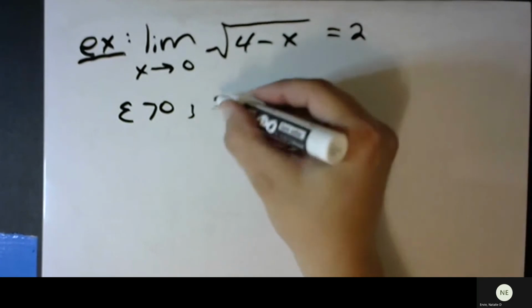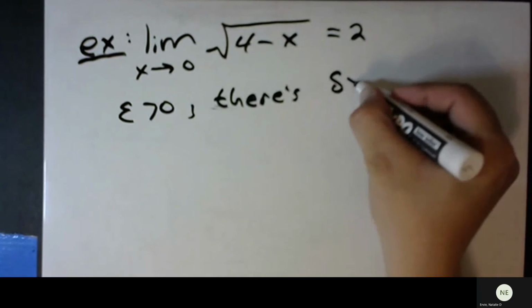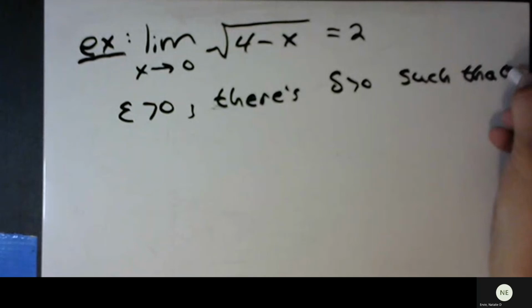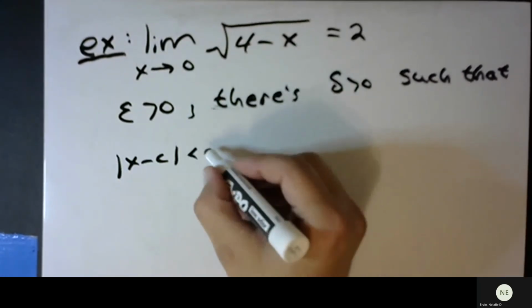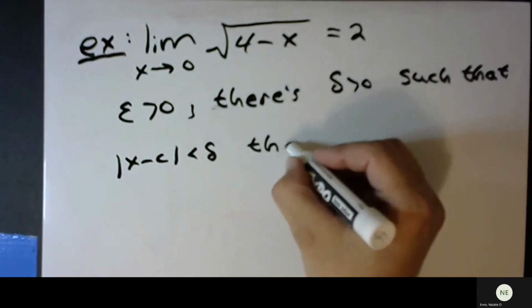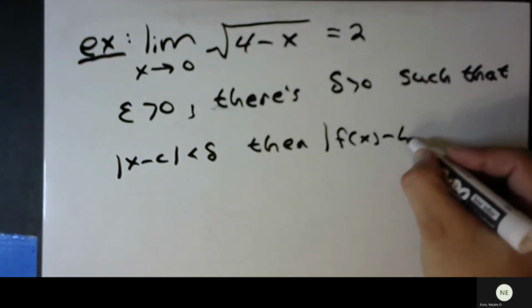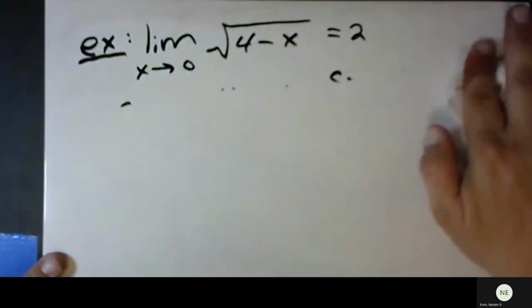And so we want a delta greater than 0 such that when the absolute value of x minus c is less than delta, then the absolute value of f of x minus L is less than epsilon. We're looking for the same thing. So we're going to start out the same way.